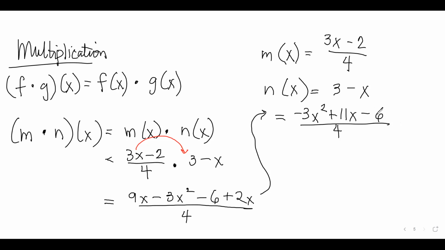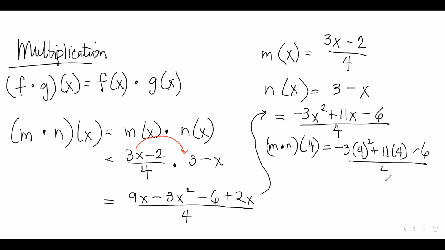O what if may value yung x? Ang hinahanap is m times n of 4. What if ganyan? Okay, let's solve. So, substitute lang natin yung x ng 4. So we have negative 3 times 4 squared plus 11 times 4 minus 6 over 4.